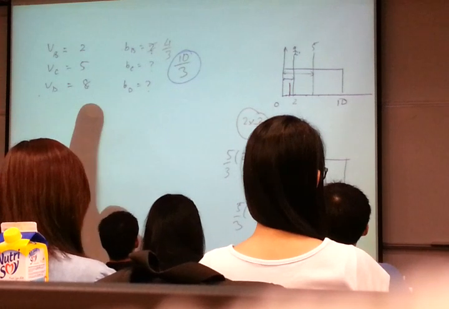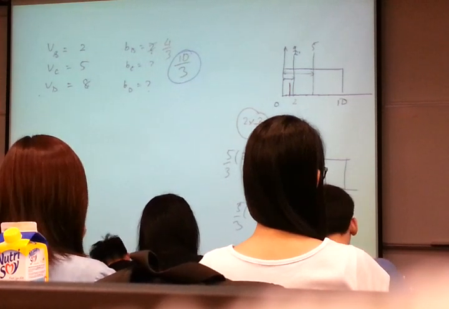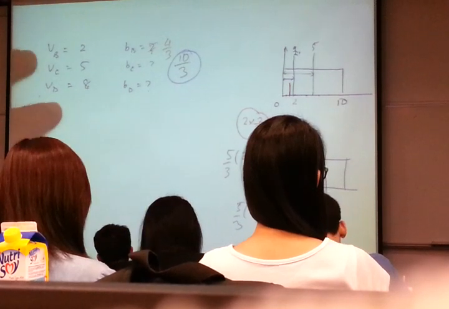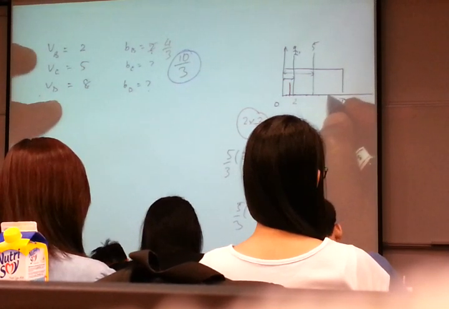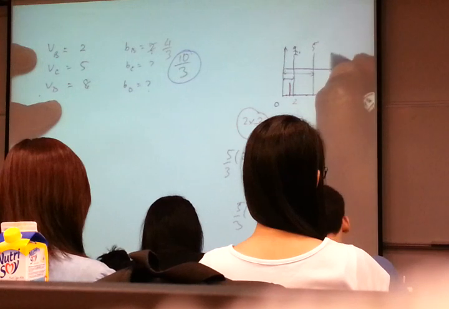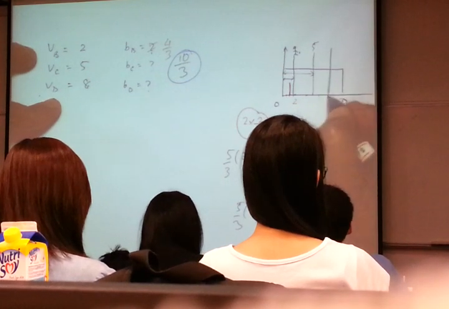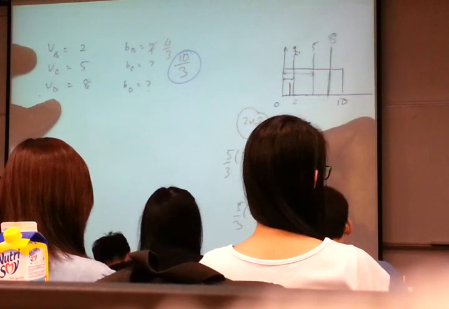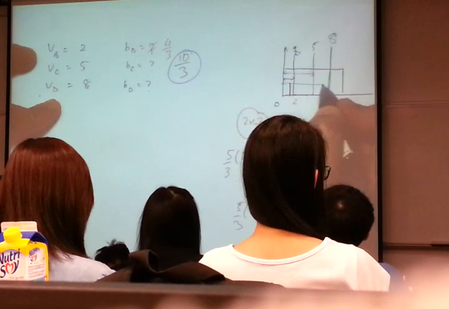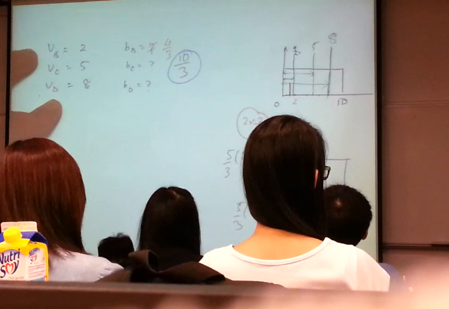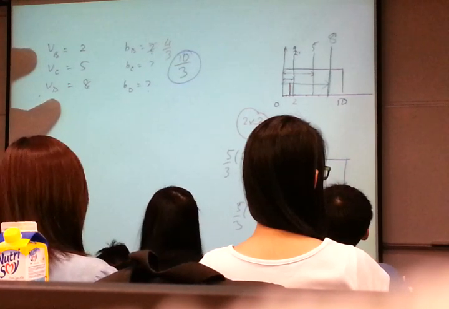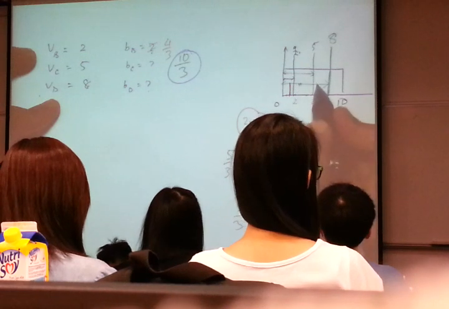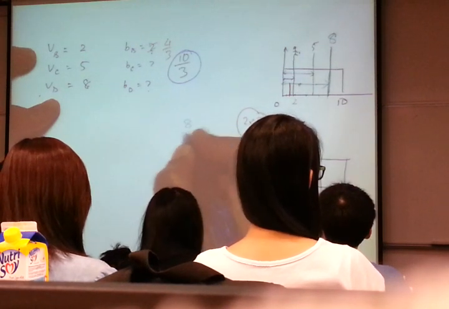Similarly, David would assume that his valuation is the highest and bid the next highest valuation. So say 8 is here, David is here. He will assume this is the highest valuation, 8, and bid the next highest valuation. In other words, he is breaking this line segment into 3 parts and choosing the second part. Each part is equal to 8 over 3.